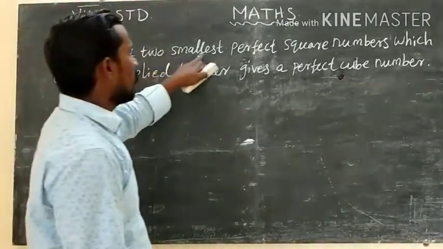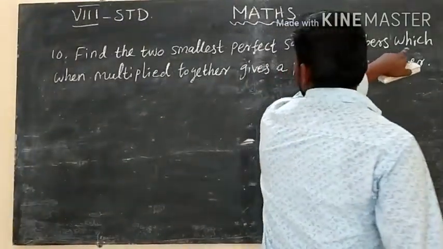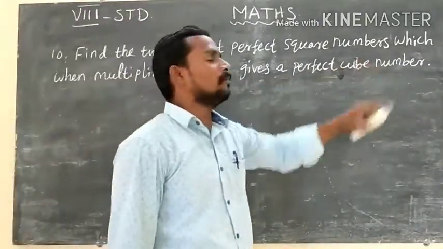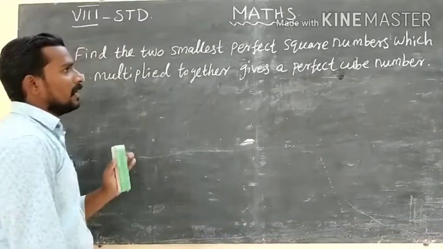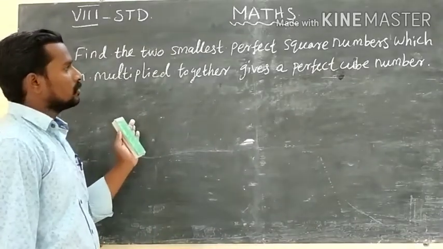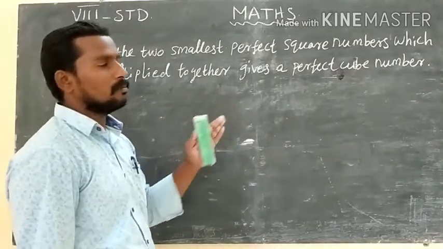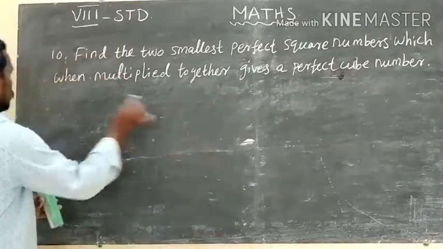Find the two smallest perfect square numbers which when multiplied together give a perfect cube number. We select any two square numbers, multiply them, and we get a perfect cube. What are the numbers? This is our question, the solution.